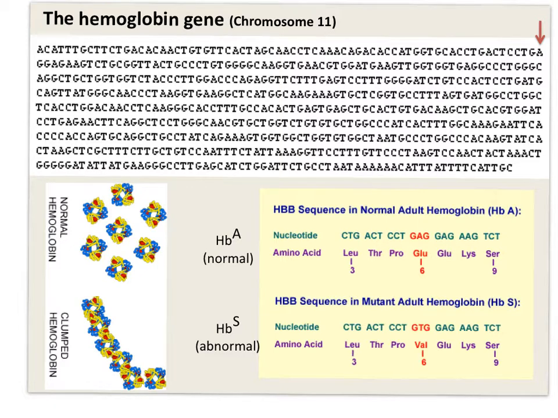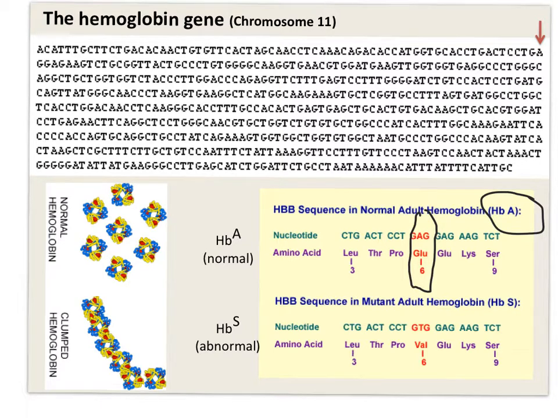And we'll say the allele for normal hemoglobin is HbA. Okay? However, at this codon in the hemoglobin, you've got GAG.